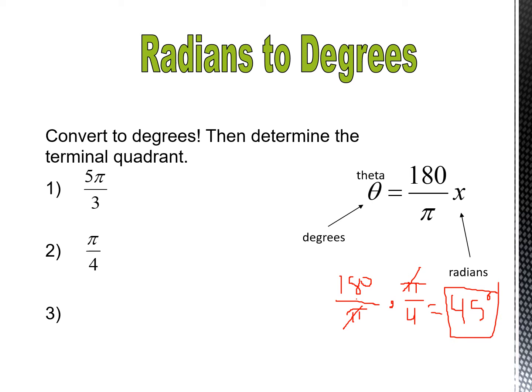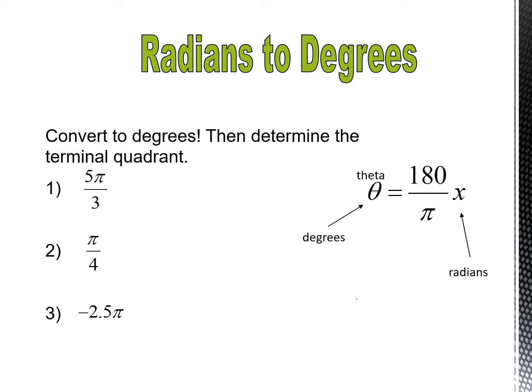All right, one more example. Let's do negative 2.5 pi. Same thing. 180 divided by pi times negative 2.5 pi.